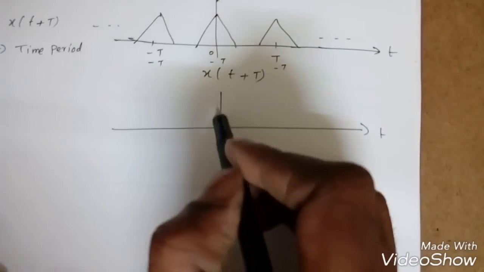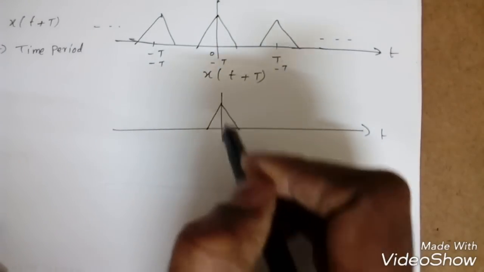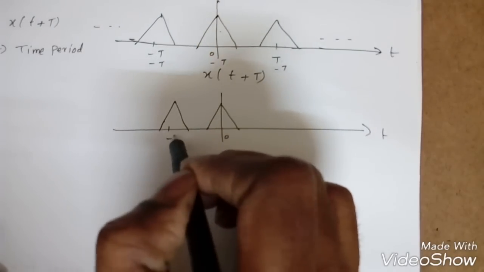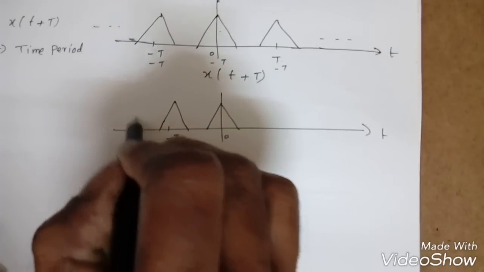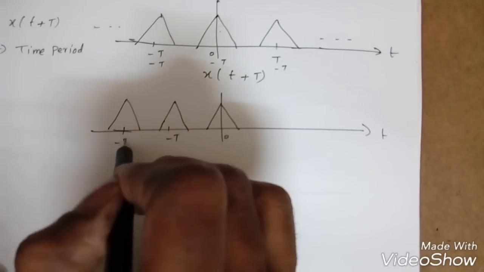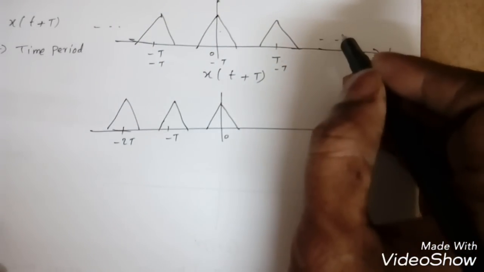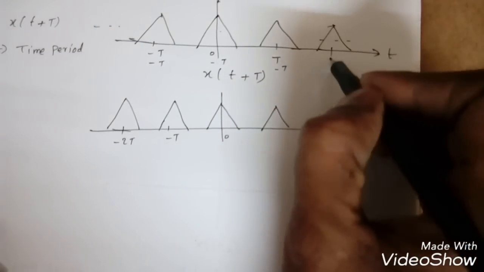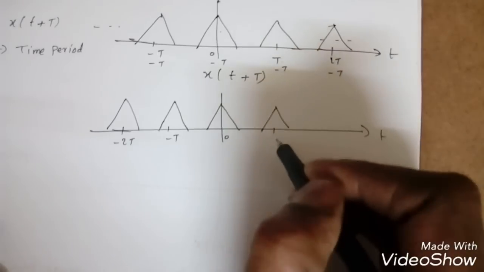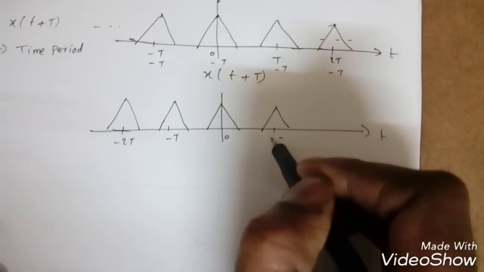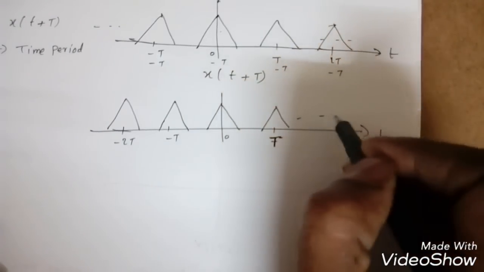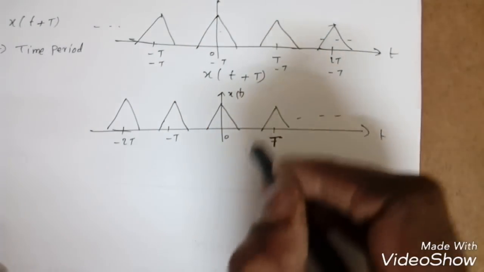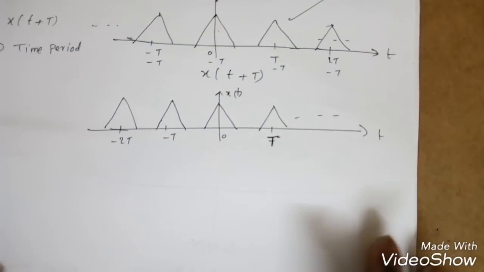This total will be shifted to 0 and this will be shifted to minus T, and this will be shifted to minus 2T, and whatever signal is here will be shifted too. Suppose I take 2T here, then 2T minus T will give T, right? This is T, so up to infinity. So x of t plus T is nothing but x of t, so this is a periodic signal.